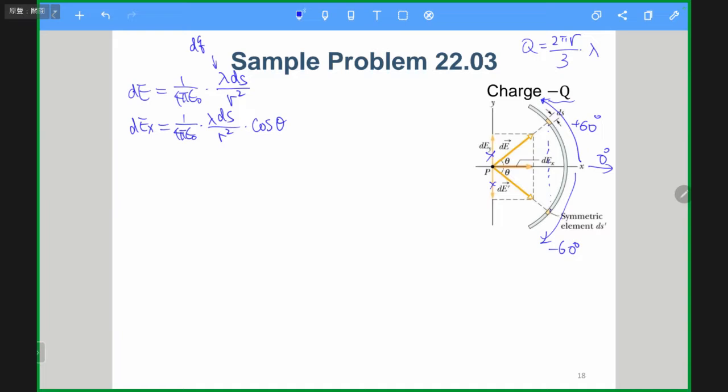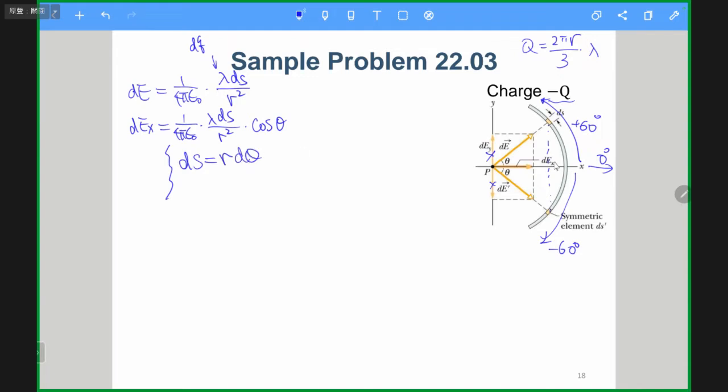Here we need to do a change of variable, because as I mentioned, we would like to integrate over the angle rather than ds, since it is not easy to express in terms of ds. So ds equals r d theta.